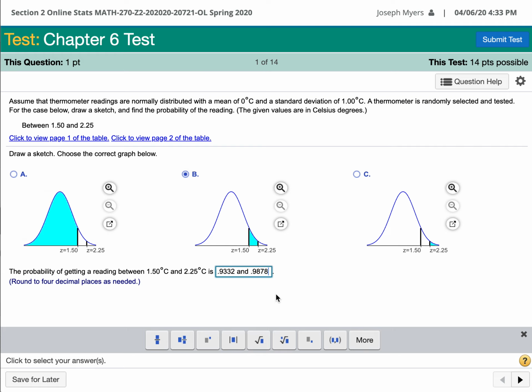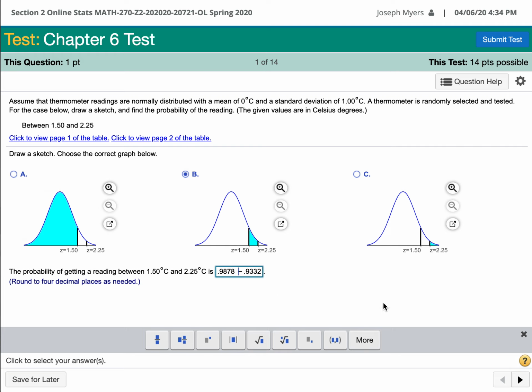Now the probability of getting a reading between those values is equal to the difference between those numbers. So I need to subtract them from each other. I'm going to take this bigger number minus the smaller number in order to get the answer.